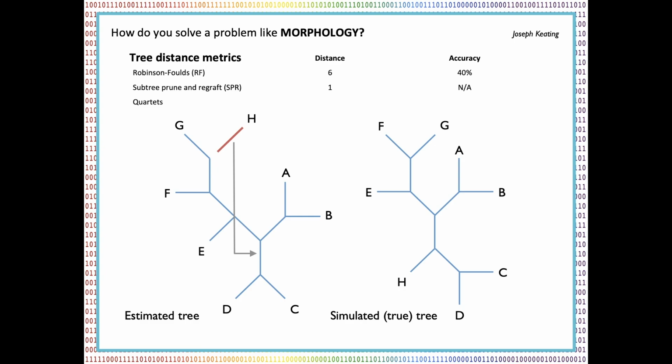In the example below, our estimated tree can be transformed into our simulated tree in a single prune and regraft move. Although this method is quite intuitive, it is mathematically difficult to work out the maximum possible SPR distance between two trees. As such, we are not able to express the SPR distance as a percentage accuracy.